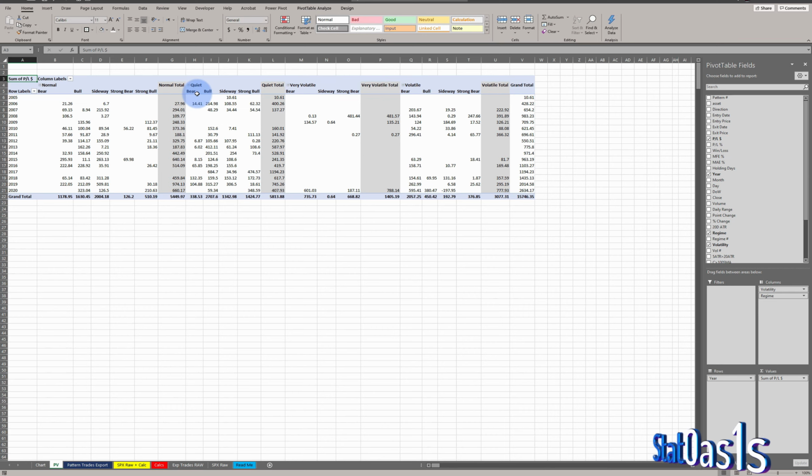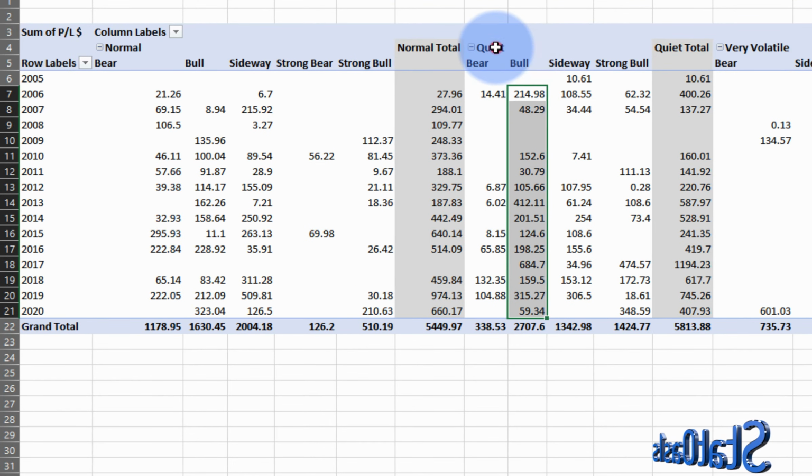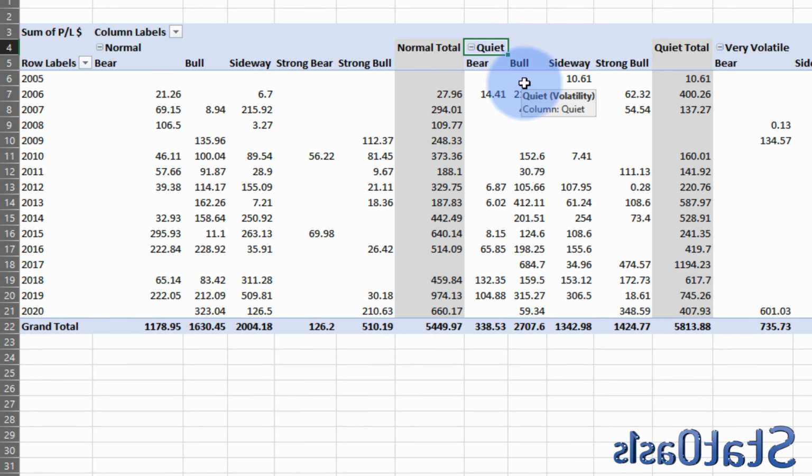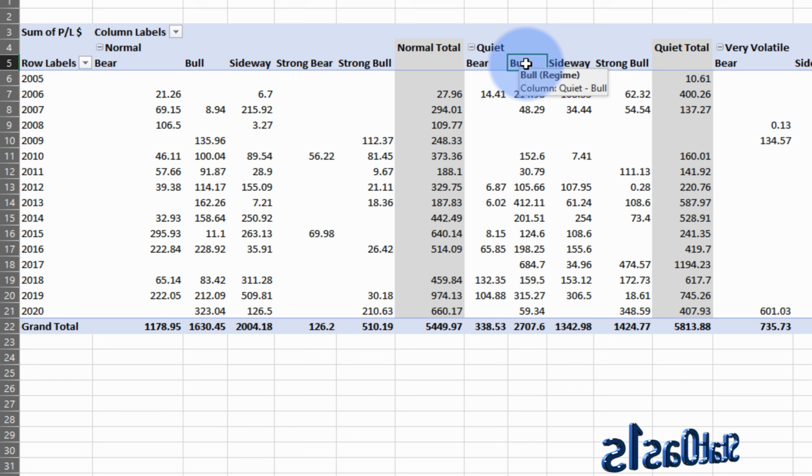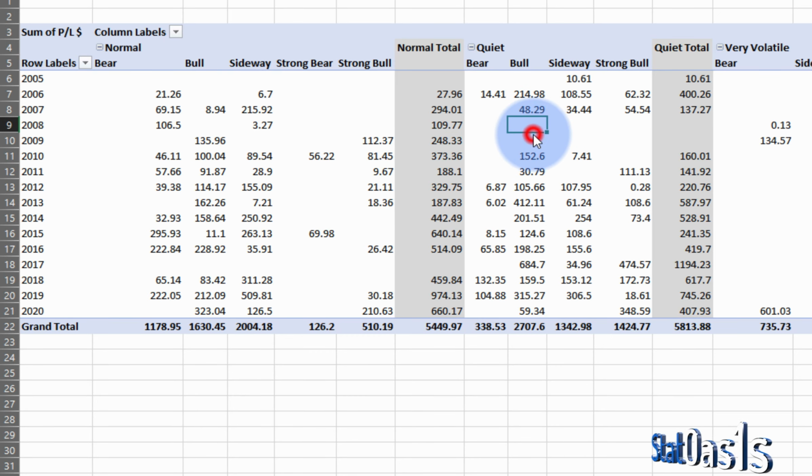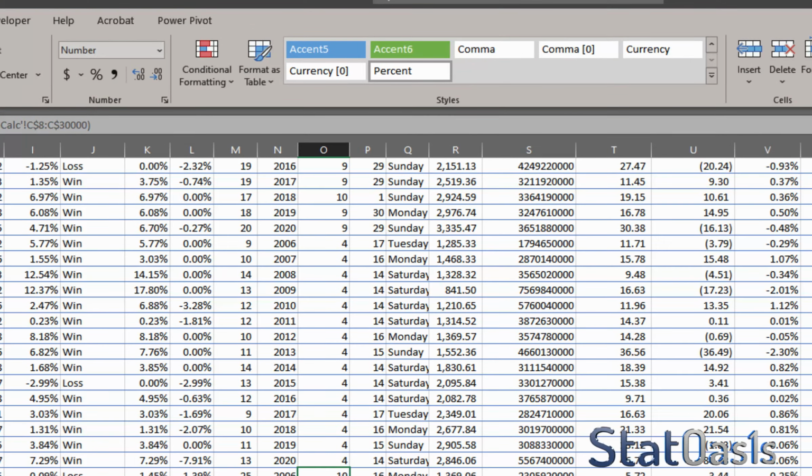So this is quiet and this is bull. And am I making money in all years? So there is no outlier. So you can see this is the quiet market regime, quiet volatility and bull market regime. And of course, it's not available in 2007, 2008. This is not by mistake. I'll show you this again.